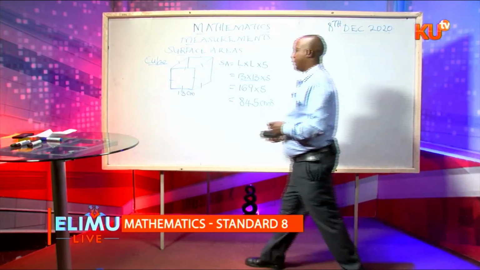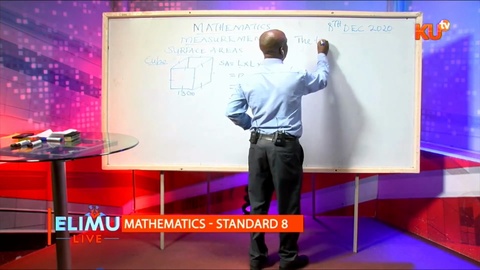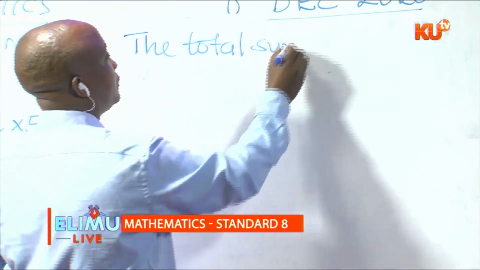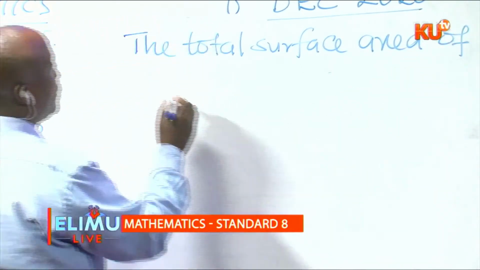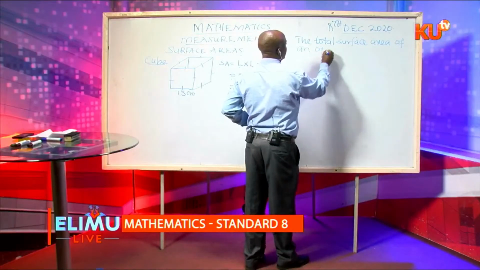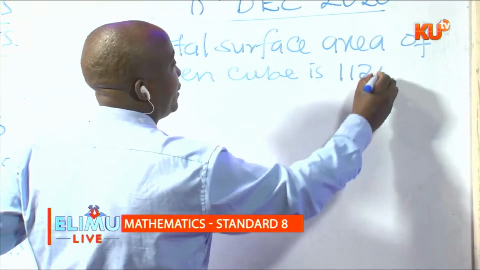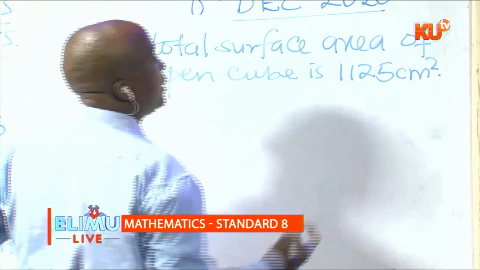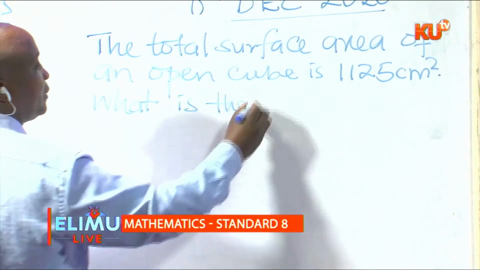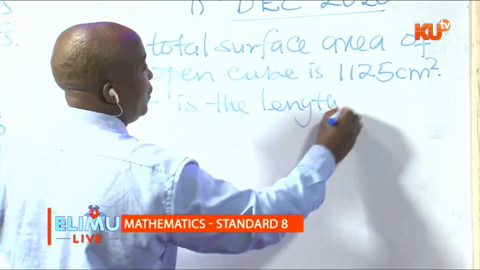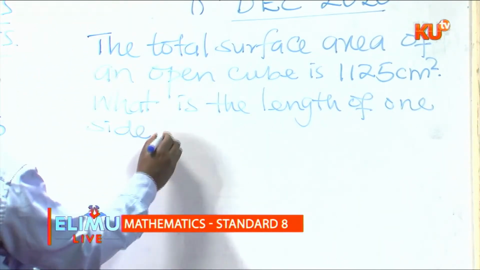The question is, the total surface area of an open cube is 1,125 centimeters squared. So what is the length of one side of the cube?